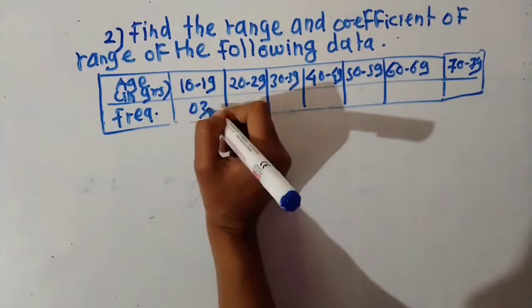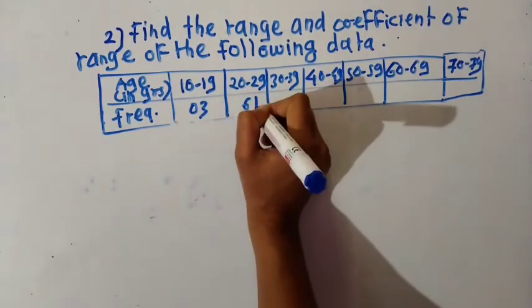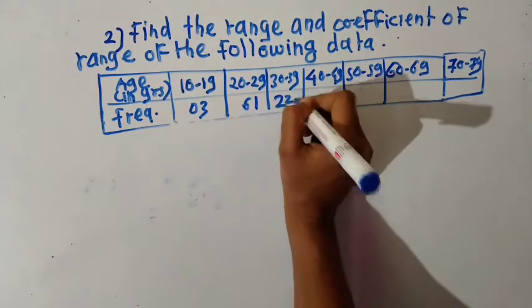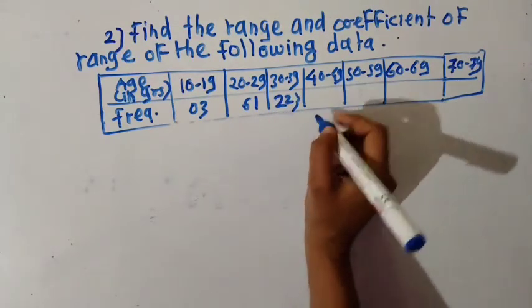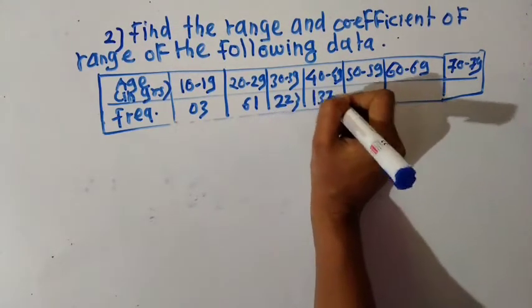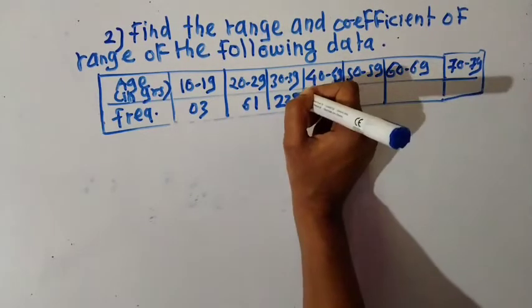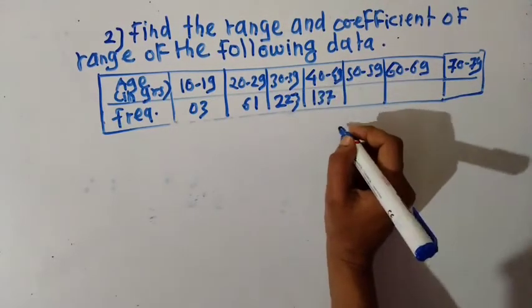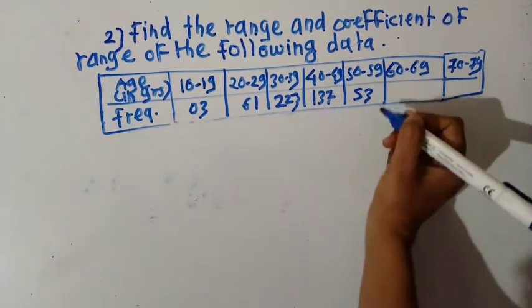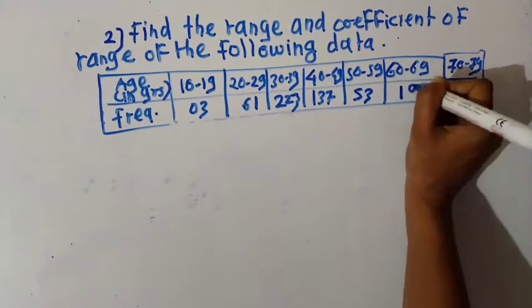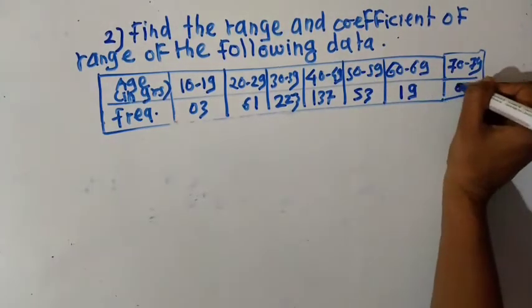Then the frequencies are 0, 3, 61, 230, 23, 137, 53, 90 and 04.